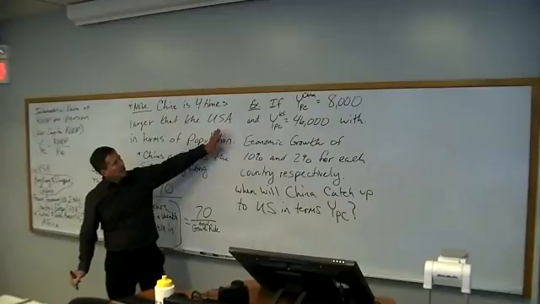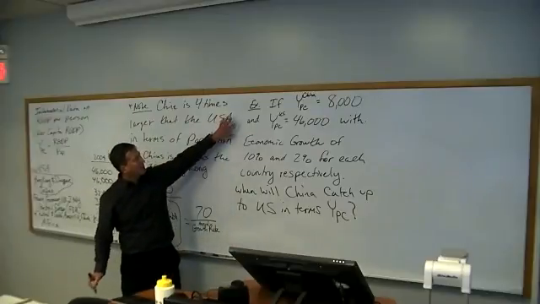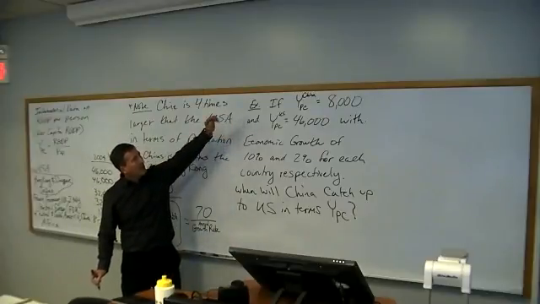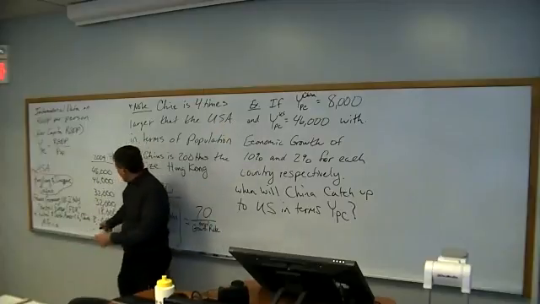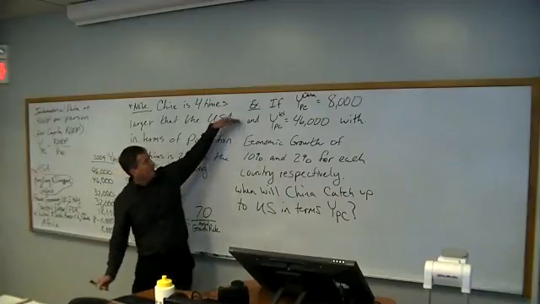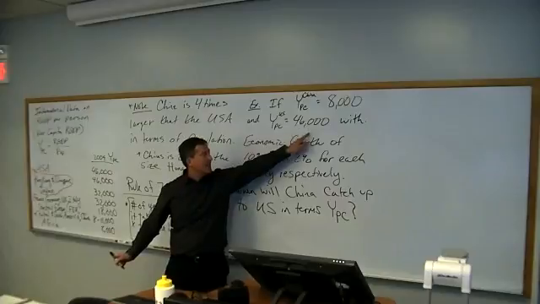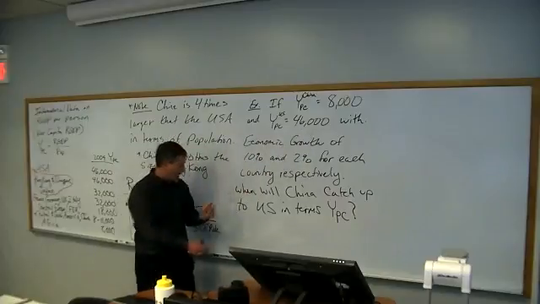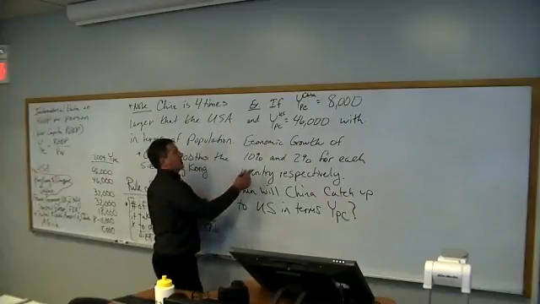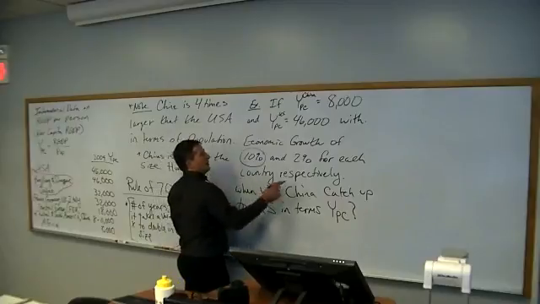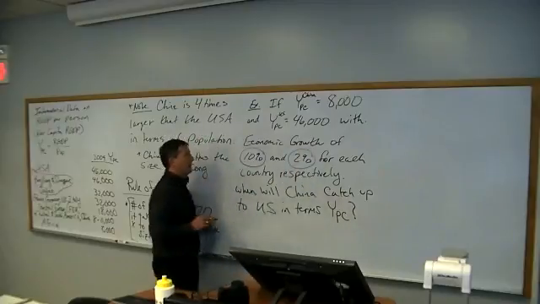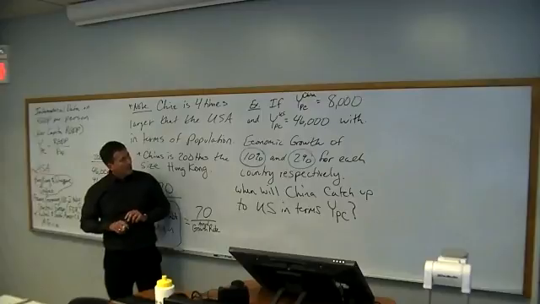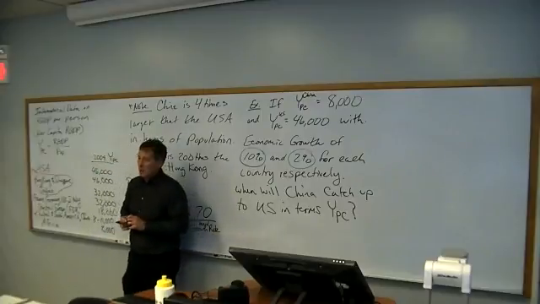Probably not my best English here, but I could have done it a little differently. But so we've got China assumed to be down here at 8,000, the United States at 46,000, China growing at 10%, the US growing at 2%. When will China catch up?